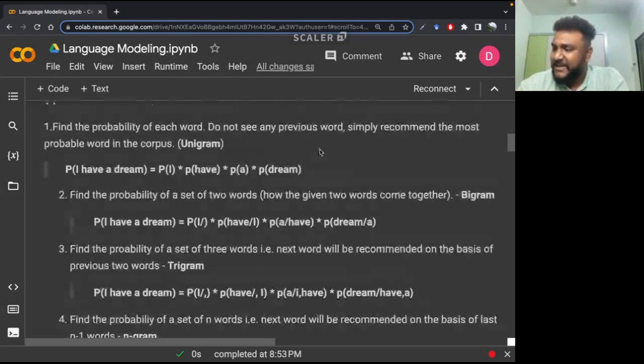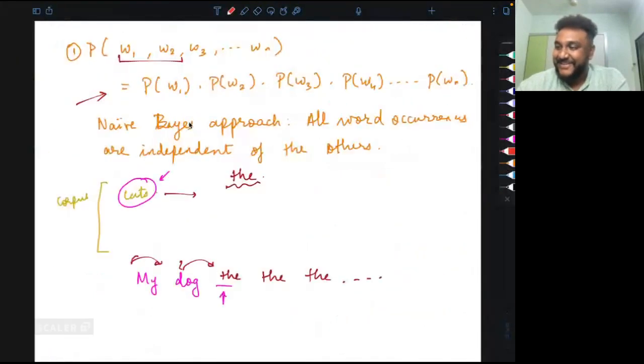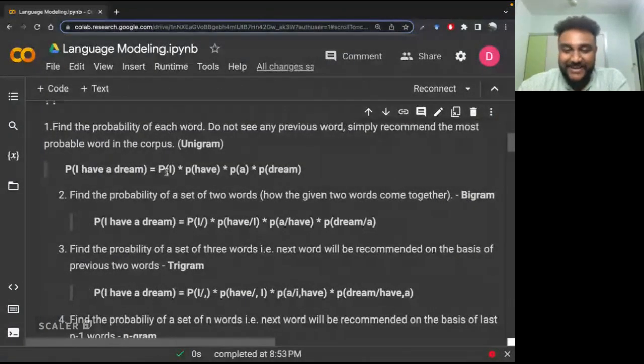If this is the case, which one is it? Uni, bi, or tri? N is 1, 2, or 3 for this one. Quickly, can somebody tell me? What is n for this approach? Guys, come on. We just saw this. If I have P of W1, W2, W3 all the way up to Wn, and I break it down like this, this is 1. This is unigram. There is no conditionality coming here.